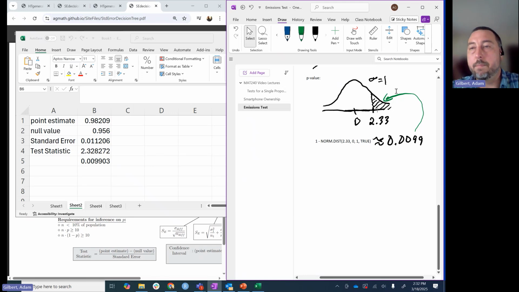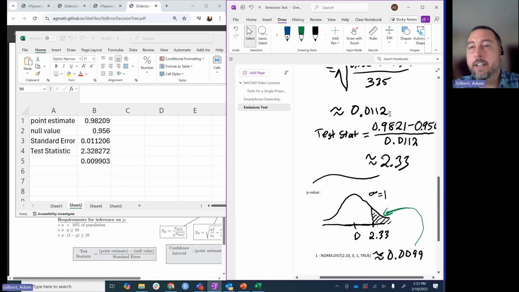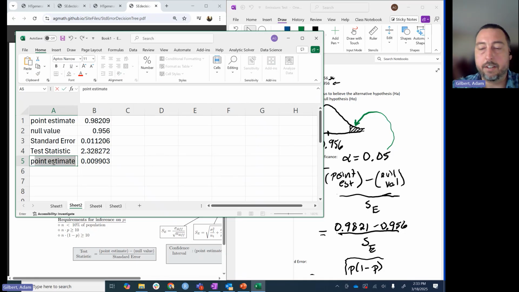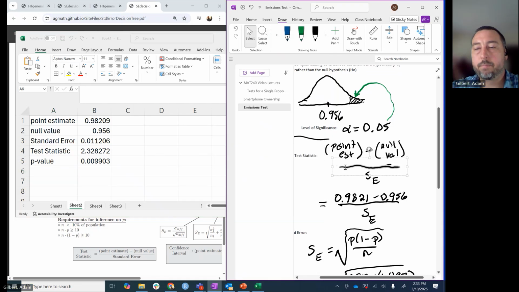If we scroll back up to the picture that we drew originally, that picture only had a single tail shaded in. It was only that upper tail. So we do not need to multiply by 2 here. The value that we found is our p-value in this case. So we only needed to find one area. We found that one area.